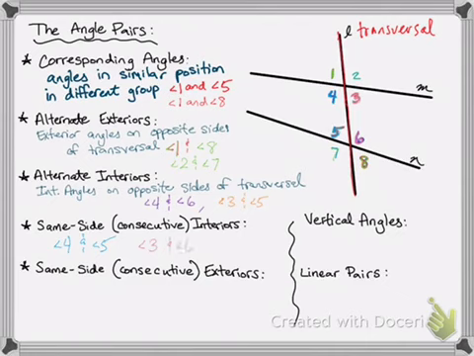Sweet. And then same side exteriors, kind of the same thing, but on the exterior now. Let's start with angle 1. And who is same side exterior? That would be 7. Same side of the transversal, still on the outside.